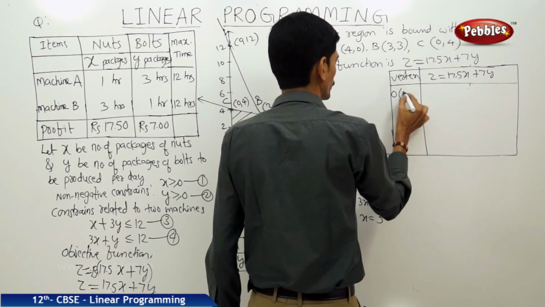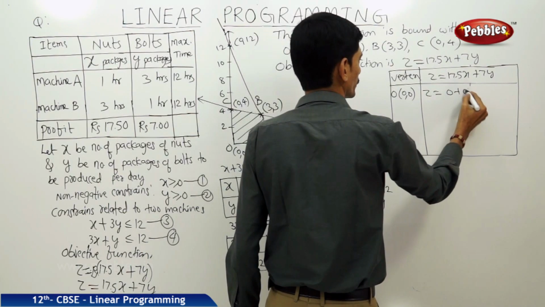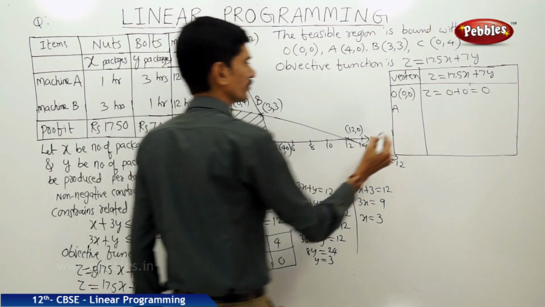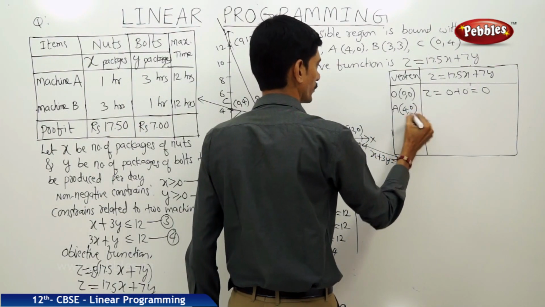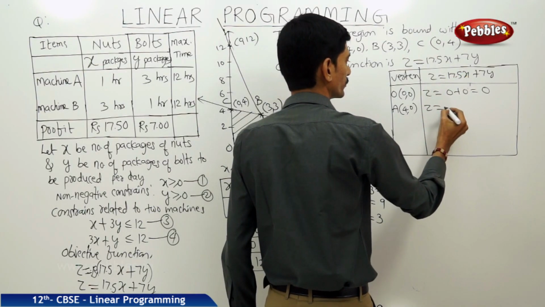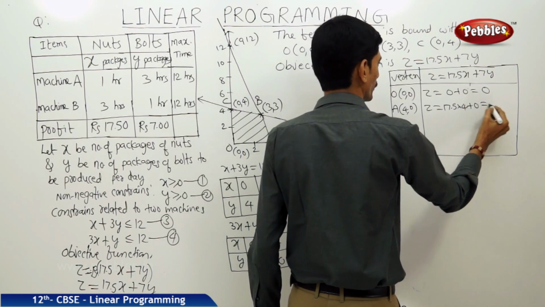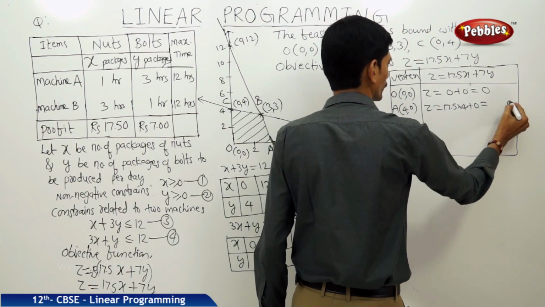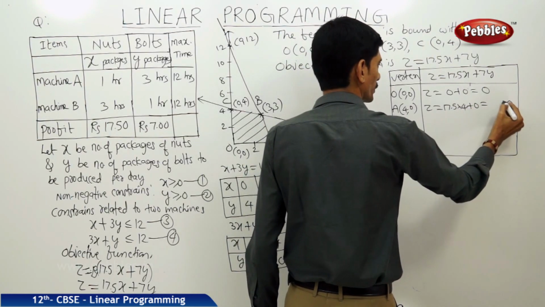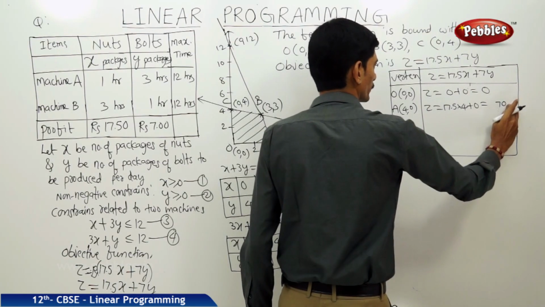So at O 0, 0, Z value is 0 plus 0 equal to 0. At A 4, 0, Z value is 17.5 into 4 plus 0, which is 70.